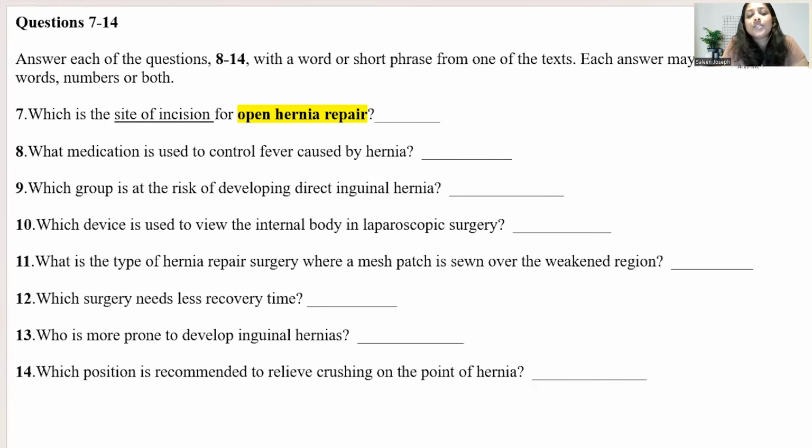Which is the site of incision for open hernia repair? Text C. You can just write your answer on your printout.